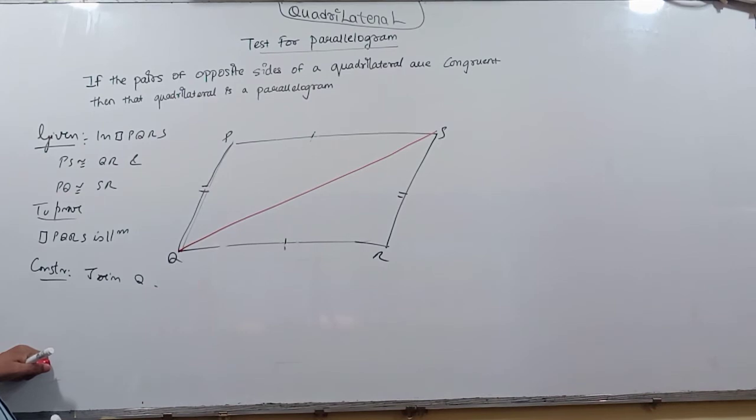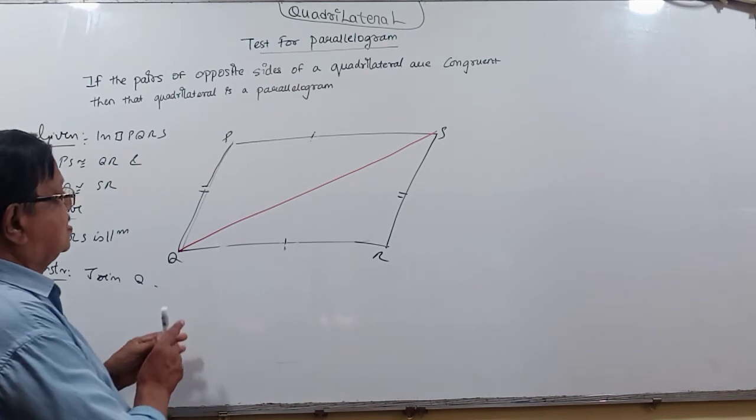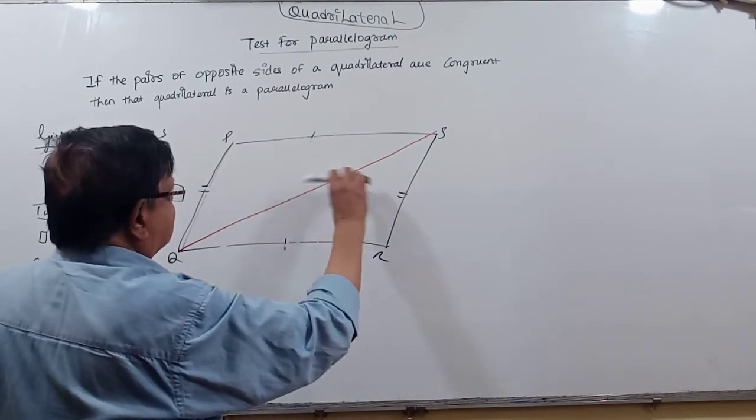Now, look here, very simple. Are these two triangles congruent? Very easily said: this is congruent to this and this is congruent to this and this is the common side.